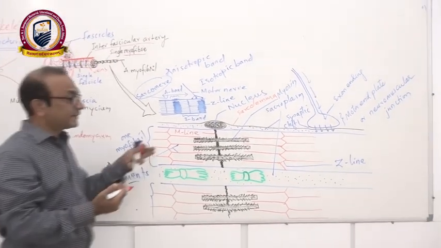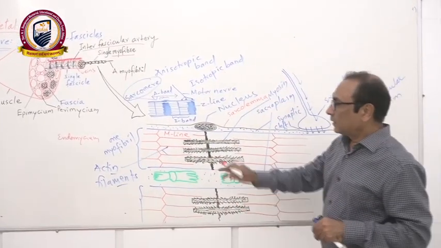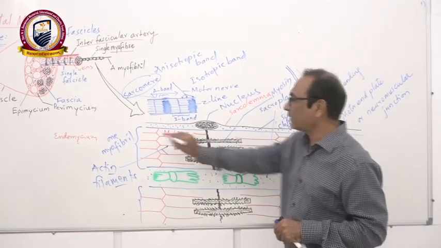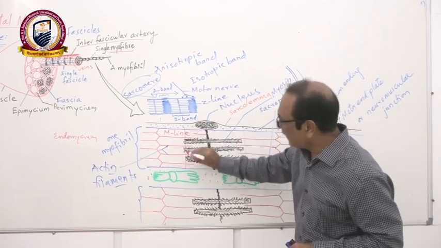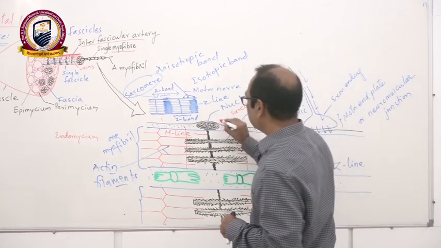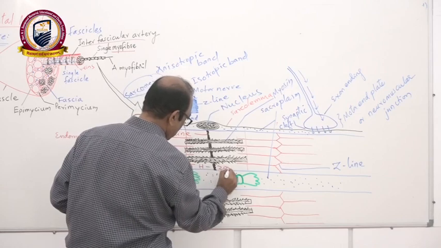Let's see what other details we find here and how these different parts are named. Like we know from here to here it is one sarcomere, between two Z lines, and this part where you find only myosin filaments is called the H zone.